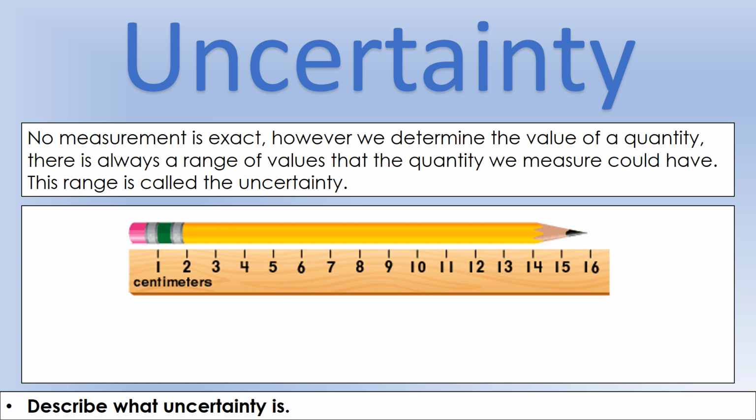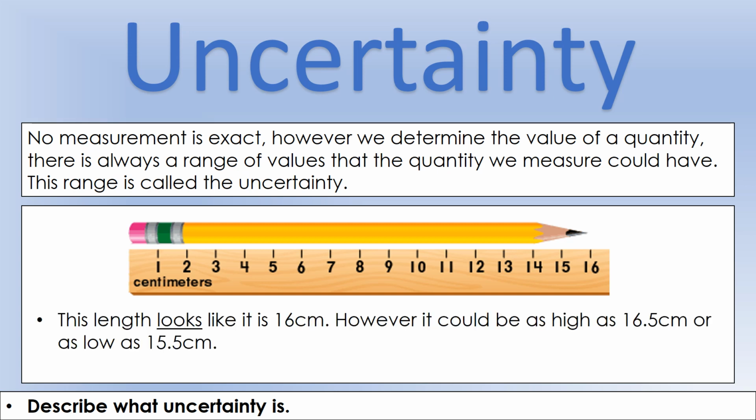So just to give you a quick example to show what I mean, here we're using a ruler to measure a pencil. So when I'm looking at this, it looks like the length is around about 16 centimeters. But when we're using a ruler, maybe it could be as low as 15.5. It's definitely over the halfway mark, but where it is, to be exact, we don't know.